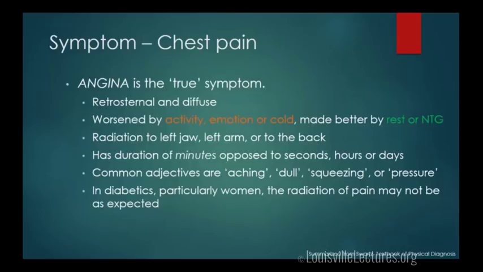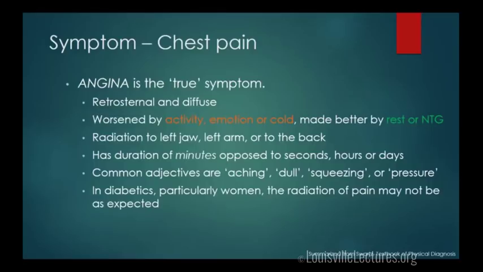Women also, so especially diabetic women, sometimes there will be no radiation to the left jaw, left arm, neck. I actually saw a case history where there was bilateral elbow pain. And this diabetic woman was having a STEMI. So even though it tends to go there, you just need to be aware that in a diabetic and in women, those do not necessarily get referred to those areas.